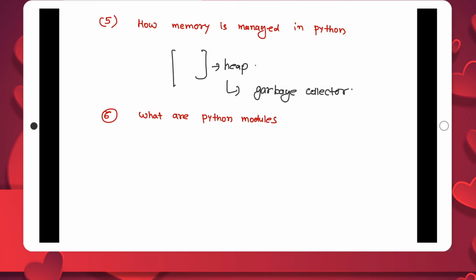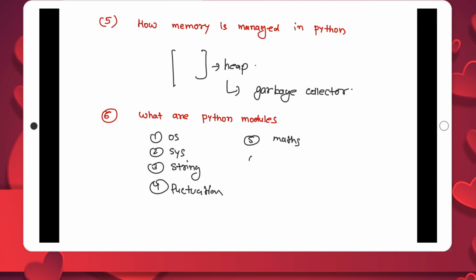All right. So what are the Python modules? Some commonly used built-in modules in Python are the operating system module, os, and sys. We have string as well. We have punctuation, and apart from this we have math.